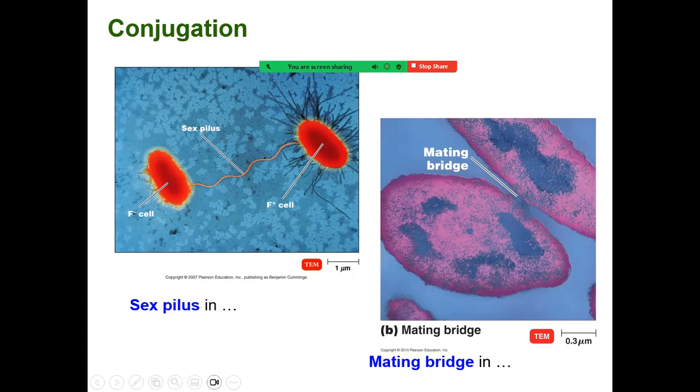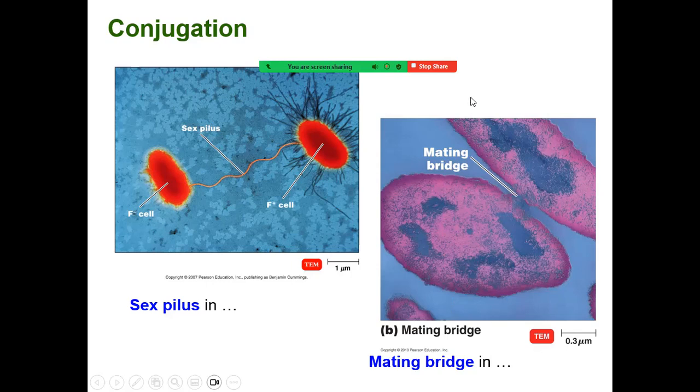In gram-positive cells, sexual conjugation can happen by a mating bridge. What happens is two cells come together, and then they lose their cell wall in this location, and then the cell membrane fuses. So instead of the cell membrane coming across this way, the cell membrane goes across this way and then fuses to that one.